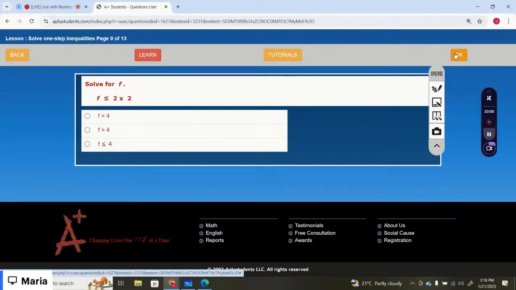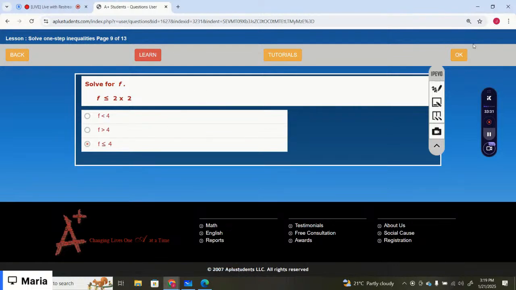Solve for f. That is f is less than or equal to 4.